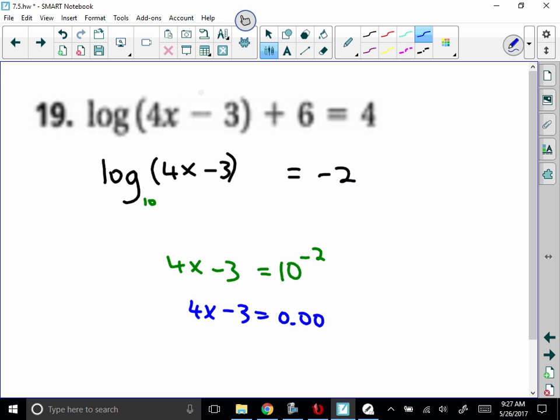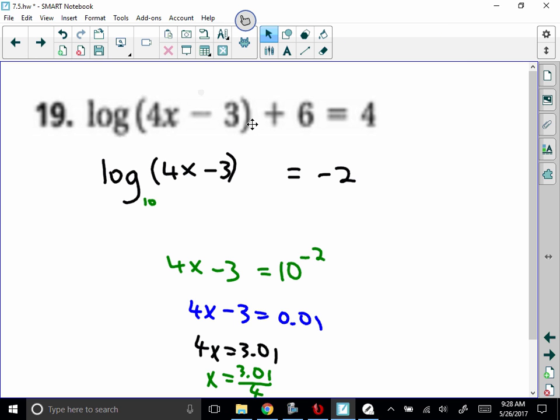If you want decimals, there you go. So we could add 3. So 4x would equal 3.01. And so x would be 3.01 divided by 4, whatever that is. It's a small number. Well, it's not that small. It's like 0.75. Real close.